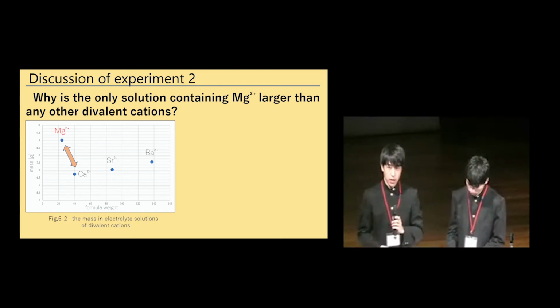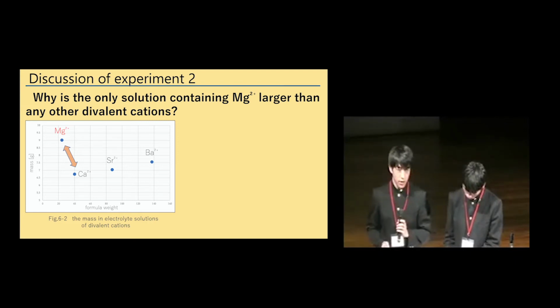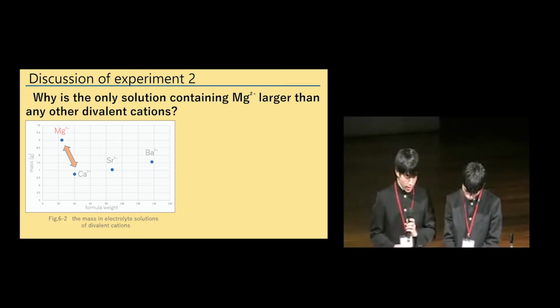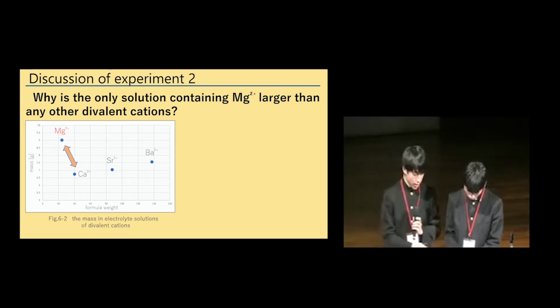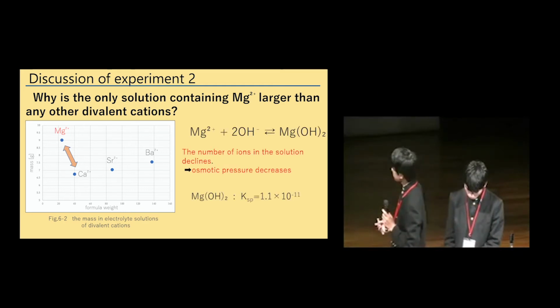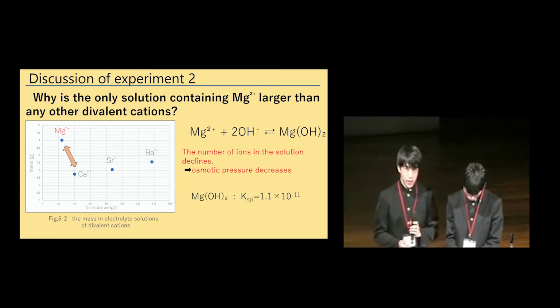The reason why only the solution containing magnesium ion is larger than any other divalent cation is thought to be that the declining number of ions in the solution, caused by magnesium ion becoming magnesium hydroxide, leads to a decrease of osmotic pressure, and then a higher amount of water is absorbed in SAP.